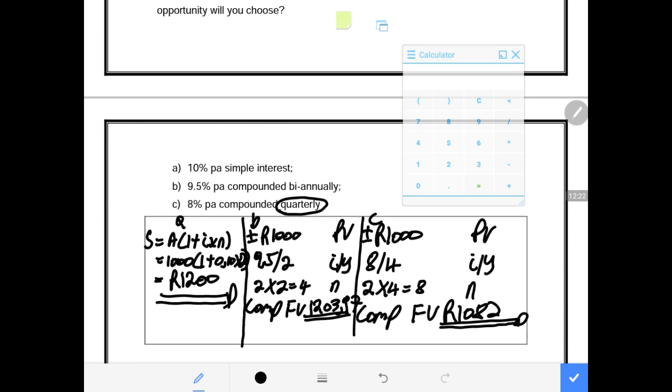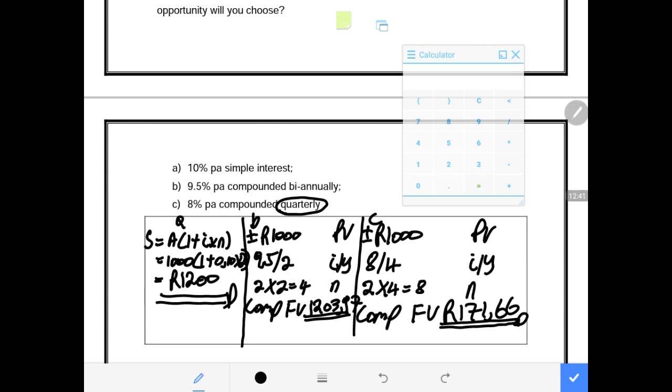Sorry, that is not correct, it is 1171 rand 66 cents. So now this is the value of the investment at 8% per annum compounded quarterly, for the 1000 that was invested.